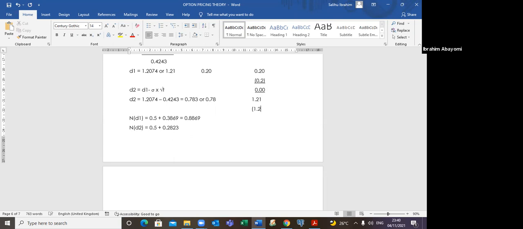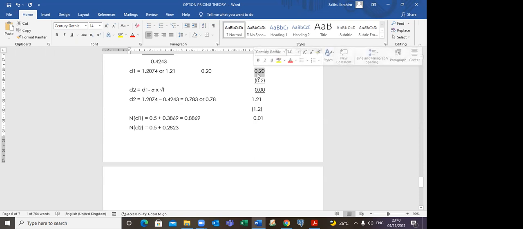So 1.21 minus 1.2 is what? 0.01. So did you get it now? Okay, yes, sir. So the first 2 digits you pick first, we have to subtract it, and the balance is where we are going to check that figure. Okay.